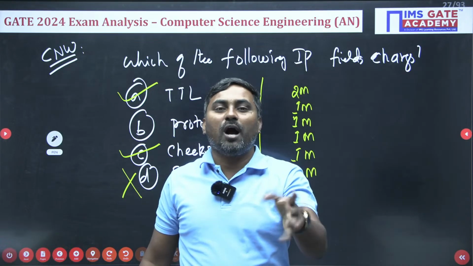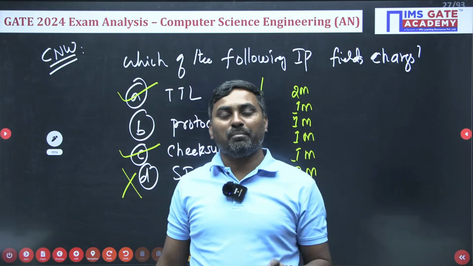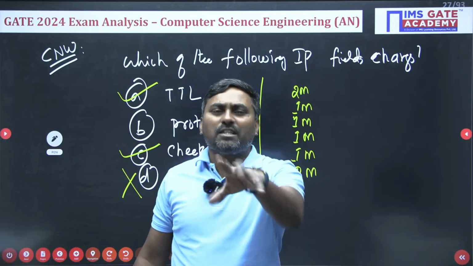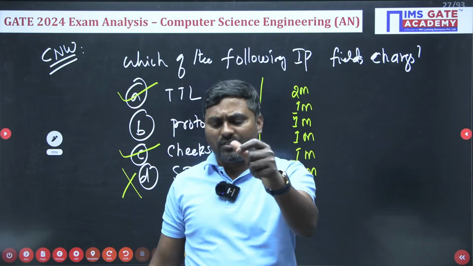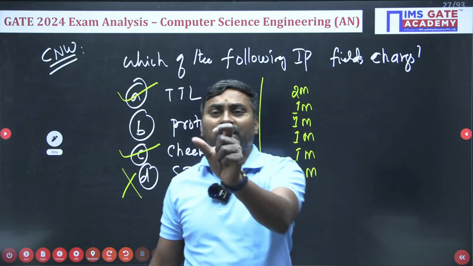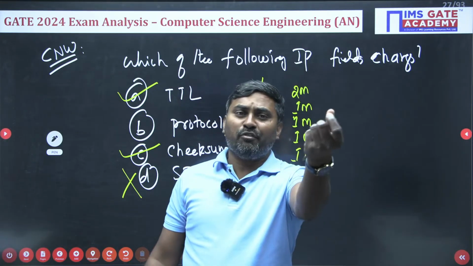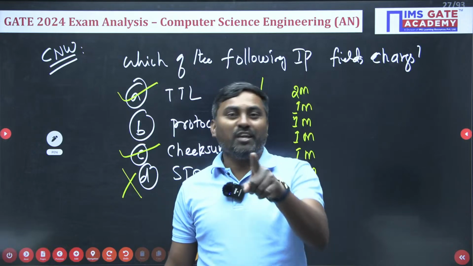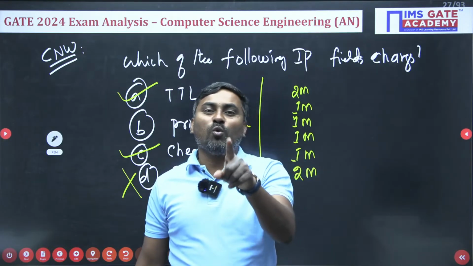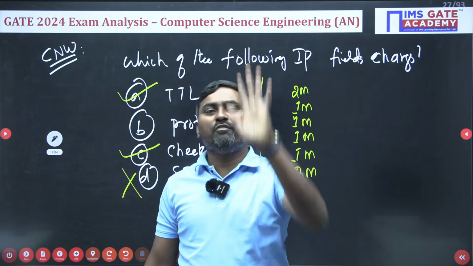This is fully common between the CSE and data science papers. In mathematics, perhaps 10 to 15% extra you need to study. If you are good at mathematics, you can cover that 15%. If you are able to solve mathematics alone, 34%, you have qualified already.